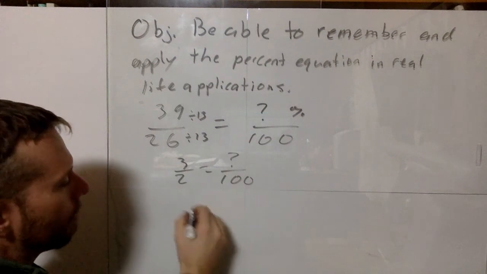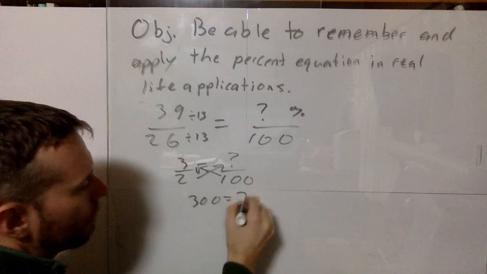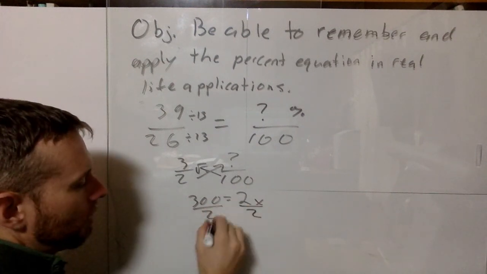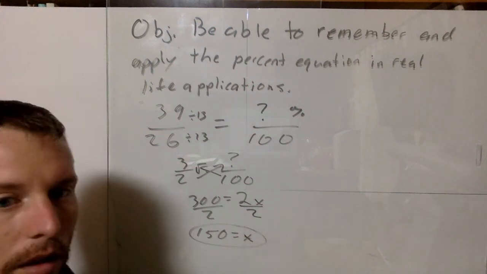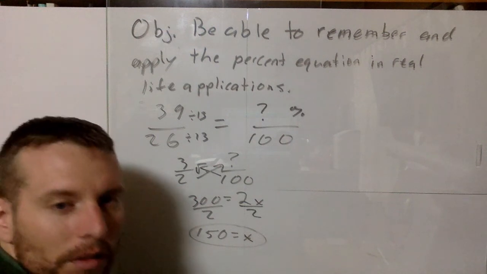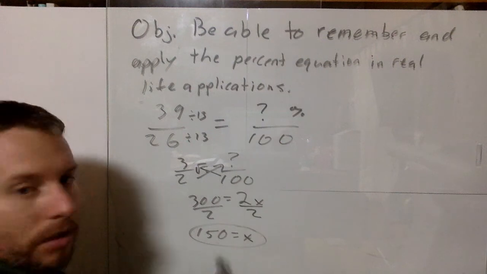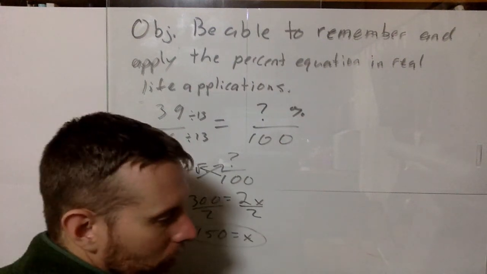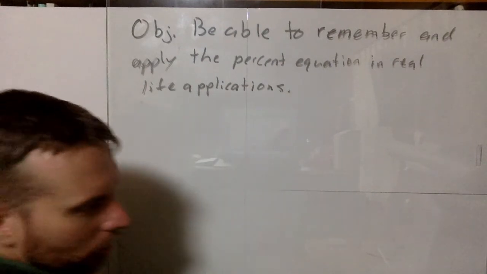And then again, cross products: 300 equals 2x, and x equals 150. So 39 is 150% of 26.